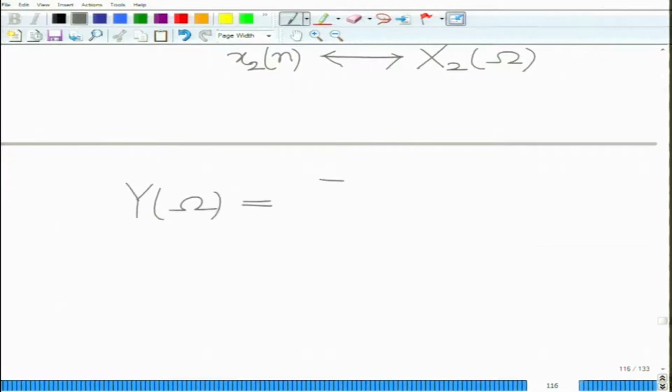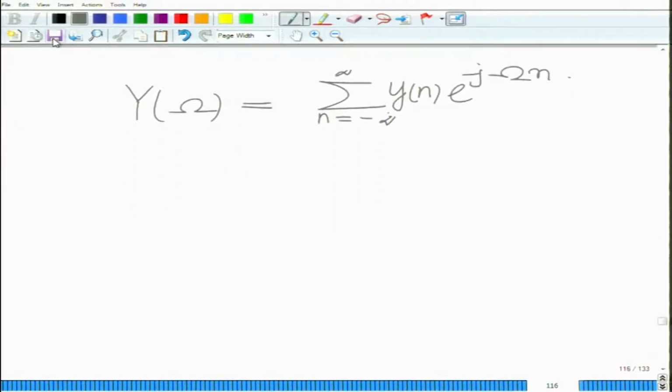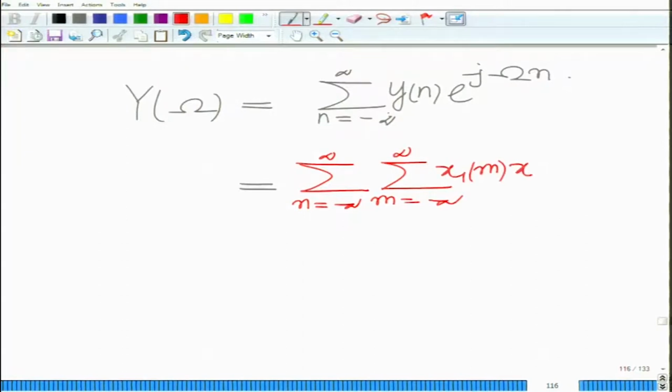Now you can see this DTFT Y(omega) can be obtained as follows. Y(omega) equals summation n equals minus infinity to infinity y[n] e raised to minus j omega n, which I can write by substituting the expression for y[n], that is m equals minus infinity to infinity x1[m] x2[n minus m], times e raised to minus j omega n.